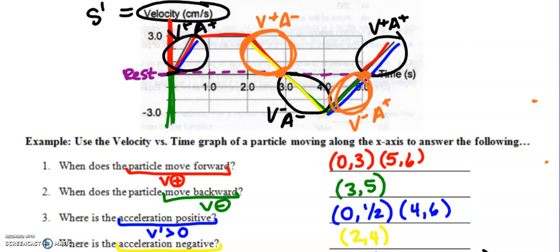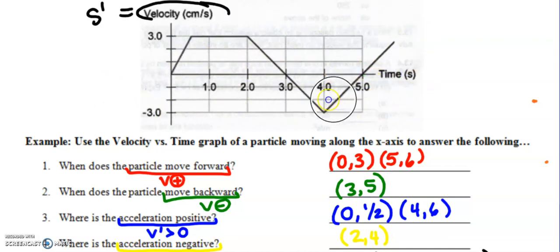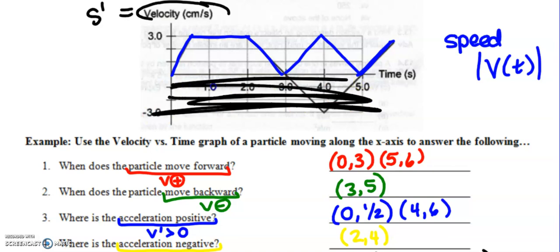Okay? Now, the other way that you can go about finding speeding up or slowing down, and this is something we're going to continue to study, I told you this is just the intro to all the vocab, okay, is to actually draw the speed. We know that speed from our previous video, speed is the absolute value of velocity. So my speed graph is going to take anything that was negative and flip it positive. So I actually don't care about any of this down here.